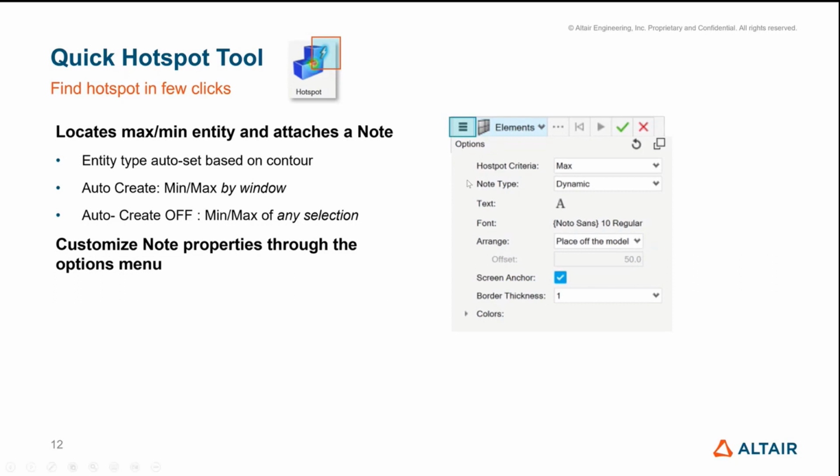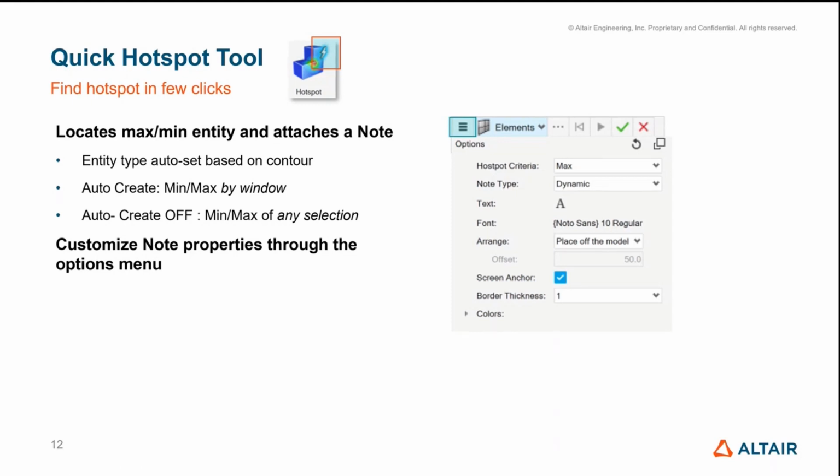Before running the search, you can set things like the text you would like to see, the font, where you would like to see the note on the screen, the color of the note, etc. You can pre-configure this before running the search. And as you can imagine, we are already working on the possibility of letting you save these settings into a template. This will come in a future release so that you can have different templates for different types of searches, which you can save and retrieve and reuse.